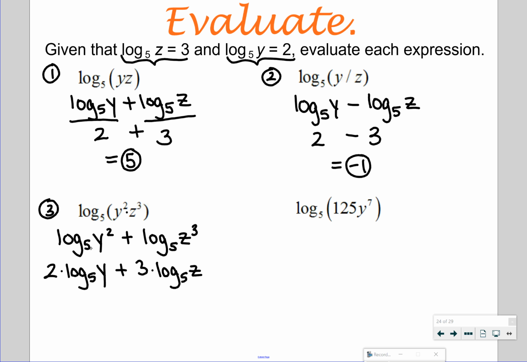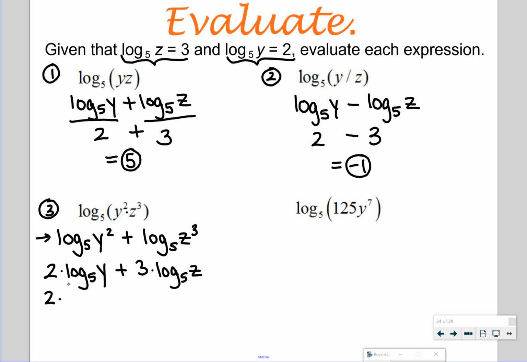If you tried to plug 2 and 3 in at the earlier step and then square them, you would end up getting a wrong answer. The biggest mistake that people will make in these problems is trying to substitute too early and not expanding the problem completely. So you want to make sure before you substitute, you don't have any more powers you can bring down, or any more multiplication or division that you can separate into separate logs.